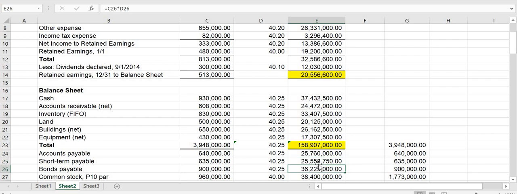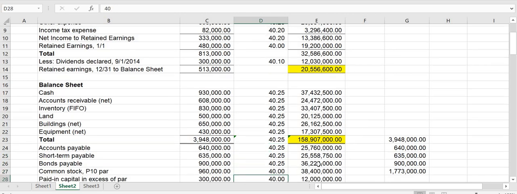Short-term payable, 25,558,750, and then bonds payable of 36,225,000. Again, that's the foreign currency units or in US dollars times the closing rate.